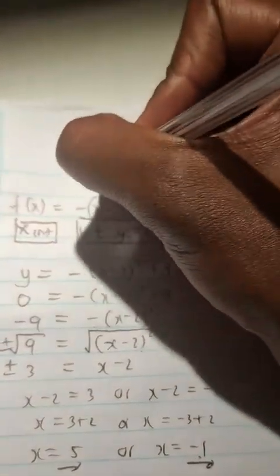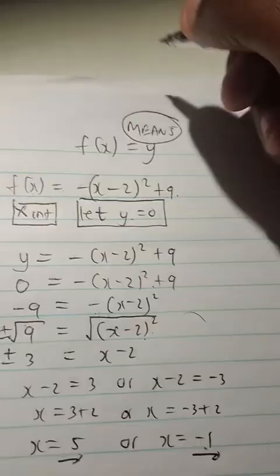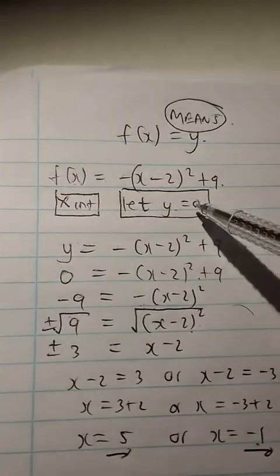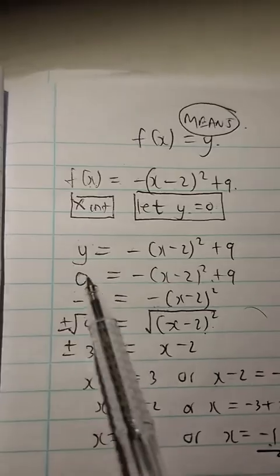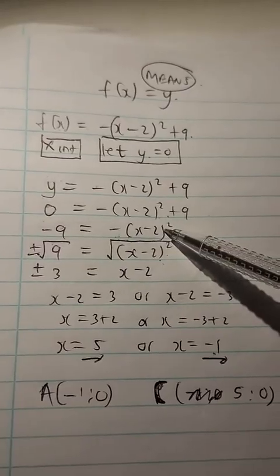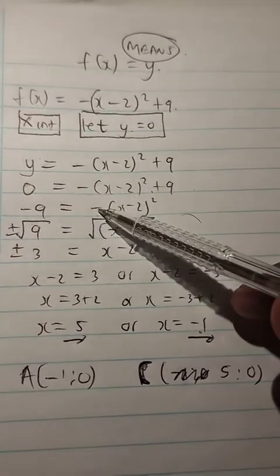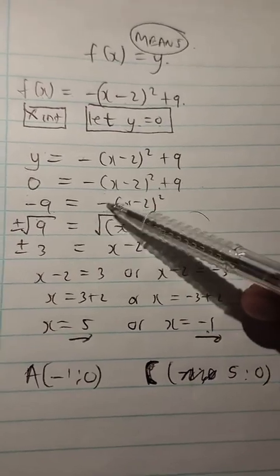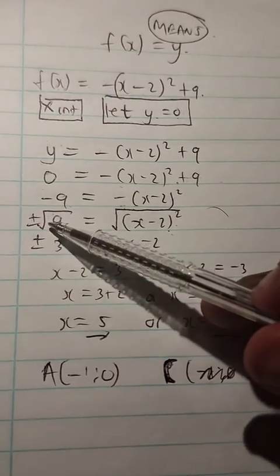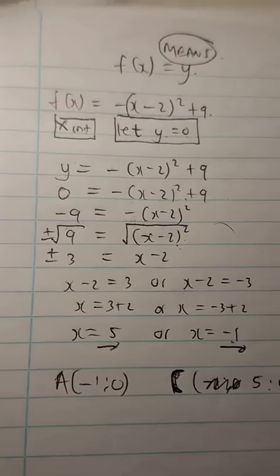Remember, in functions, f of x means y. So in the place of f of x, I write y, and then I substitute in the place of y my 0. Then I take this equation and solve it. Of course, I have used the form of taking the square root on either side after transposing that positive 9 and then dividing both sides by the negative coefficient of the x minus 2 the whole thing squared, and then getting the square root on both sides, plus minus, and then solving for x.